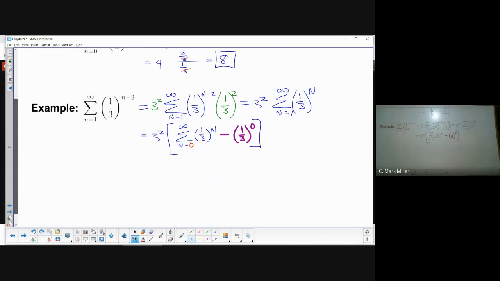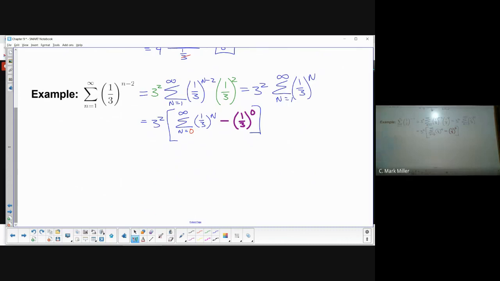Now, by the way, 1/3 to the 0 just equals 1, right? But I put it as 1/3 to the 0 so that you can see that I added the 0th term to the sum, and I'm subtracting off what I added here. So never underestimate the power of, in the green, multiplying by 1, and in this red and purple, adding 0. Adding it here, subtracting it there.